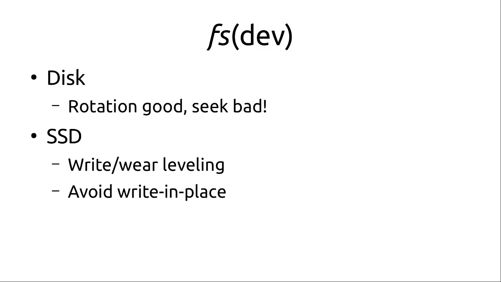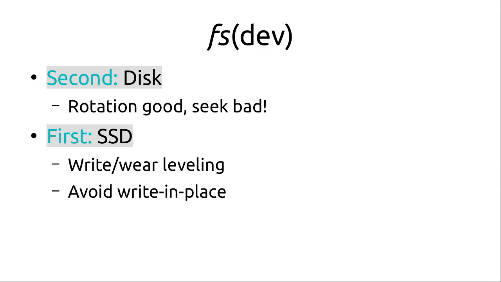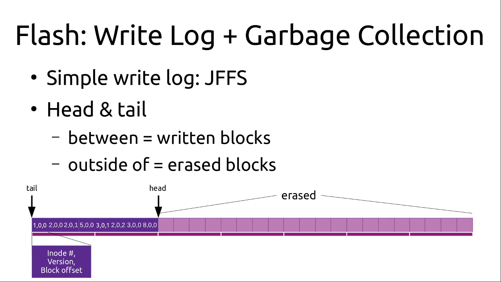So for disks, we've abstracted this at the highest level into rotation good, seek bad, therefore contiguous access good, random access bad. And for SSDs, we have this notion that we want to do wear leveling, and we want to avoid in-place writes, or write in place, right? So I'm going to start out by talking about SSDs since we've already gone through an example of them. Let's just keep the momentum going behind that.